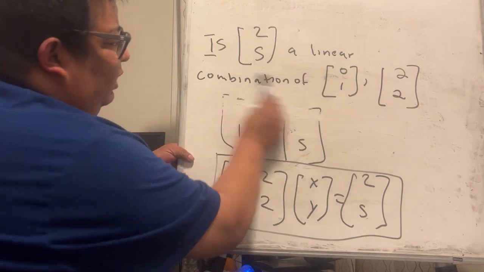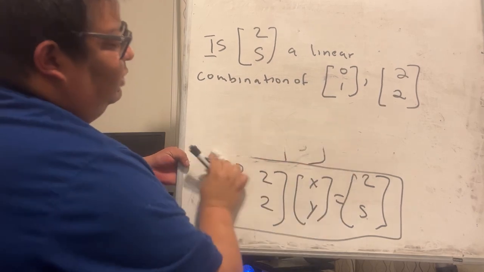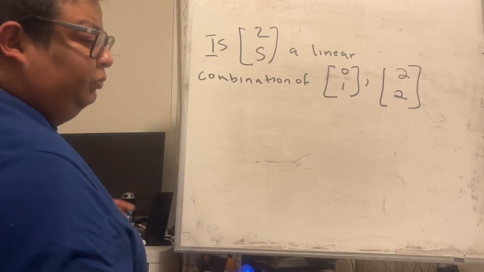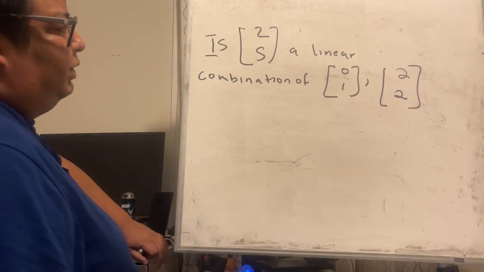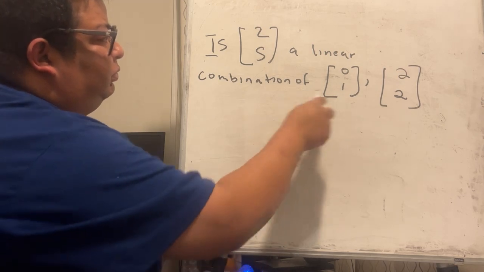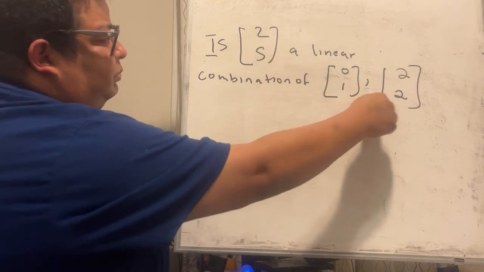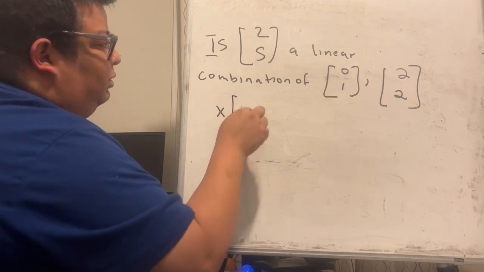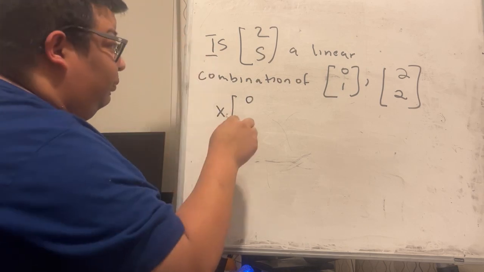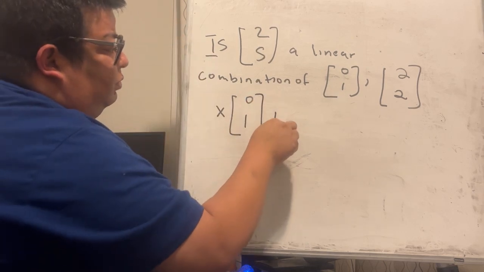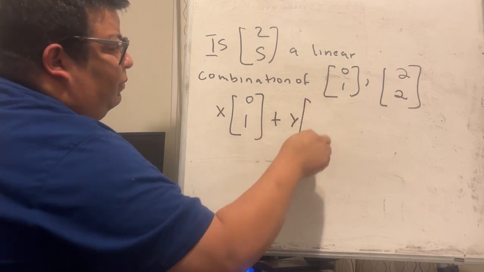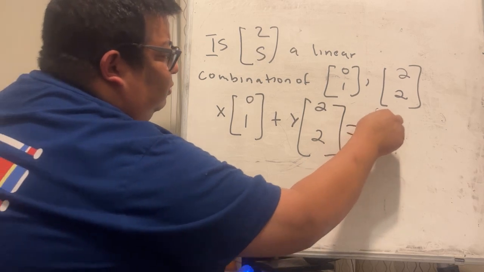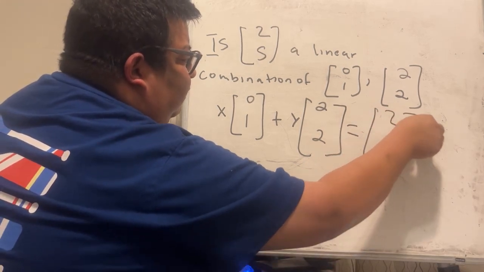But let me show you the way I would do this type of example. So what I'm gonna do is write a linear combination of this vector in terms of these two vectors. The way I'm gonna do it is as follows: x times (0, 1) plus y times (2, 2) is equal to (2, 5). I'm writing in vector form.